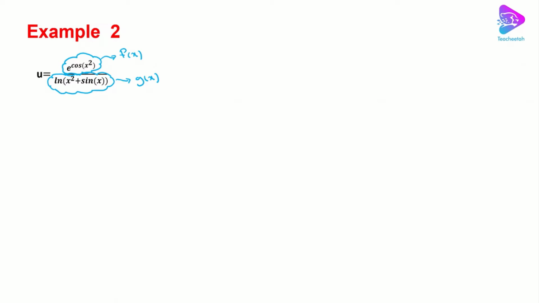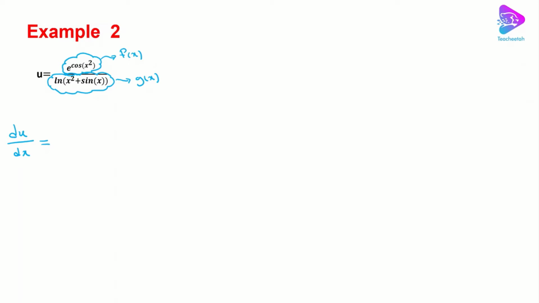So let's look at the quotient rule and then look at each term and use the chain rule in order to take the derivative of the whole function. So we have du over dx, and based on the quotient rule we need to take the derivative of the top part. So this is going to be e to the power of cos x squared, and for us, as you know, when we are talking about the chain rule, we have inside and outside function, and for here we have to use that inside and outside function.